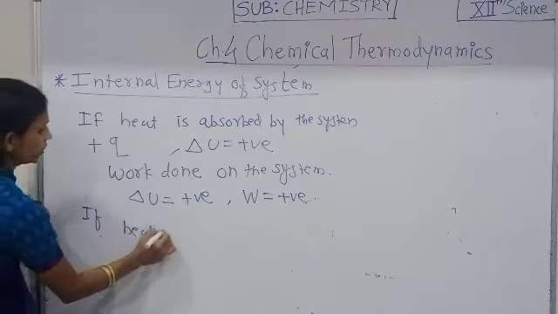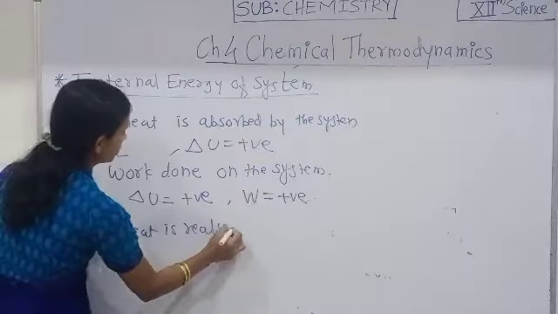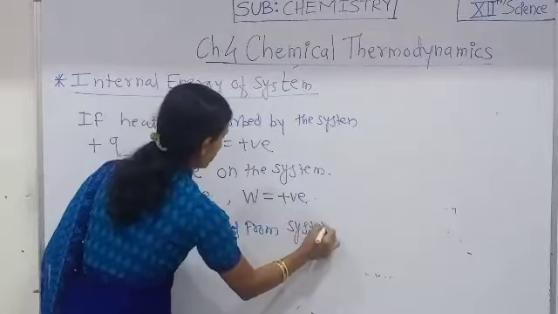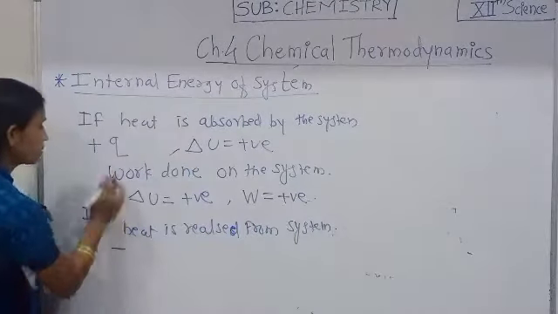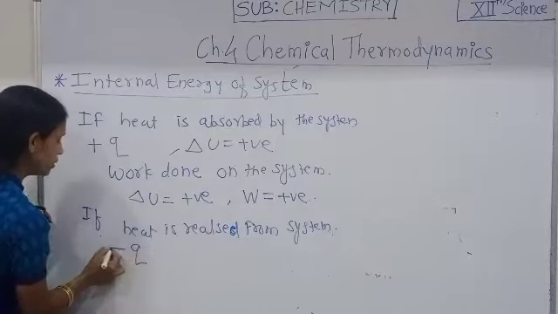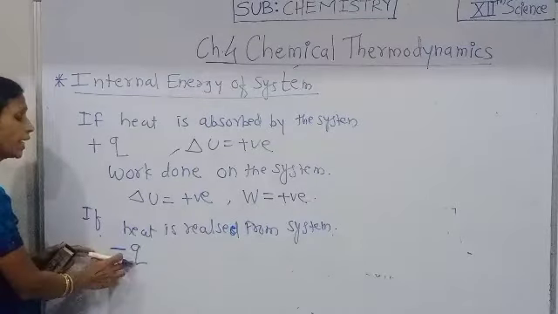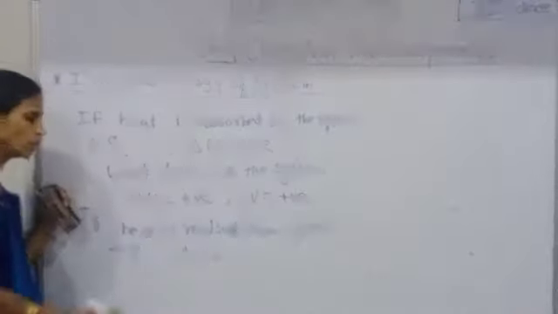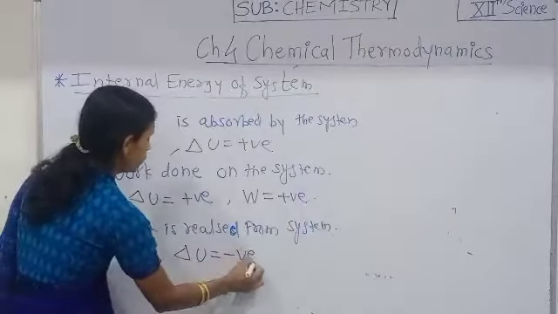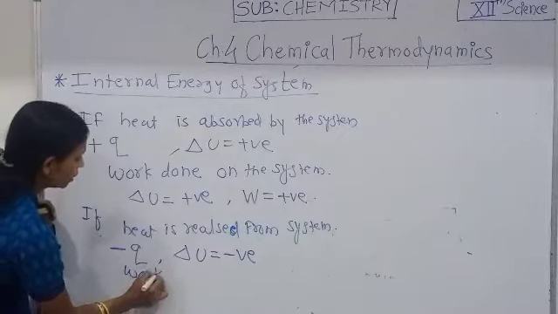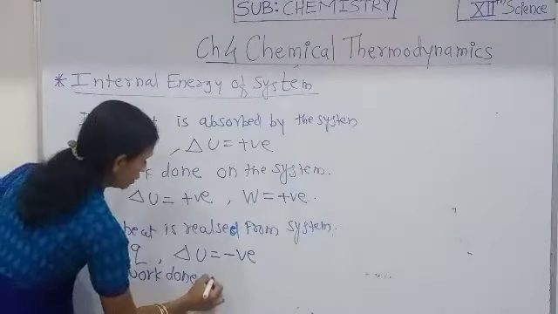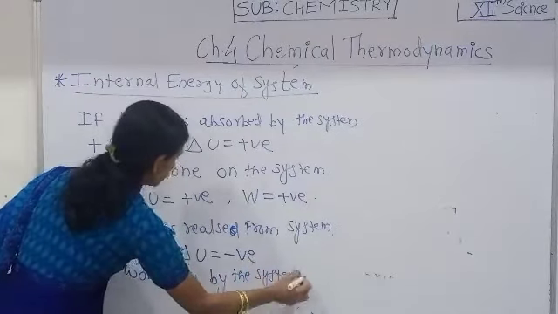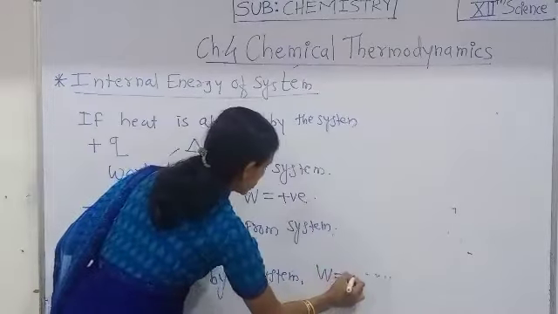Here if heat is released from the system, then heat energy, that is Q, is denoted as minus Q, that is negative, and here delta U, the change in internal energy of the system, is negative, because here work done takes place by the system, and here W is negative.